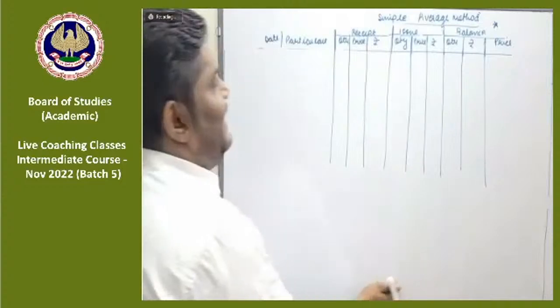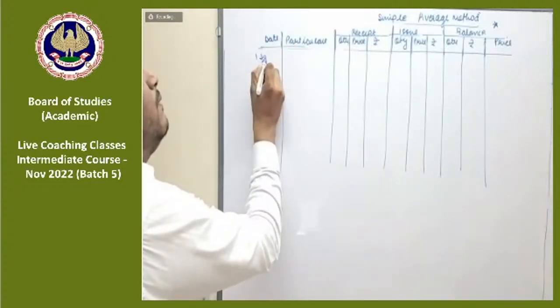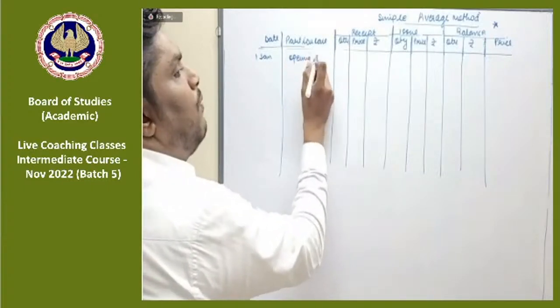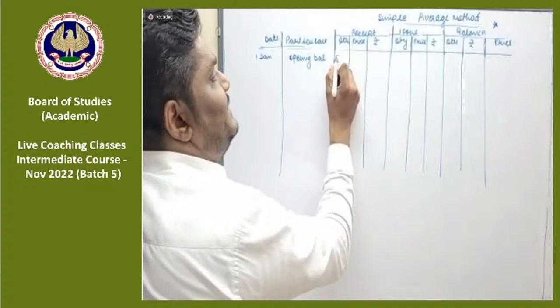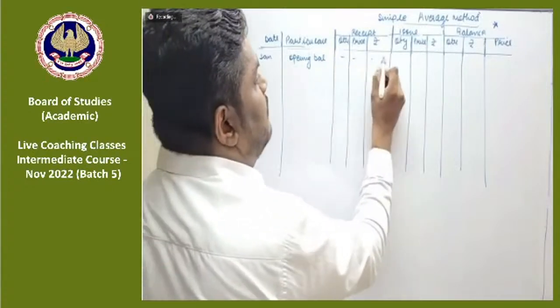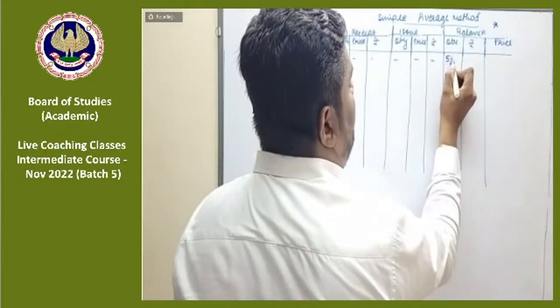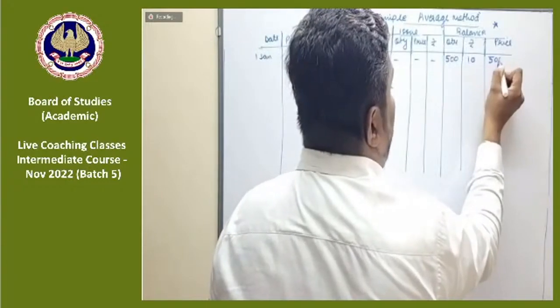So now guys, let's say the opening balance is given in the question. Let's say 500 units at the rate 10, that is 5,000.